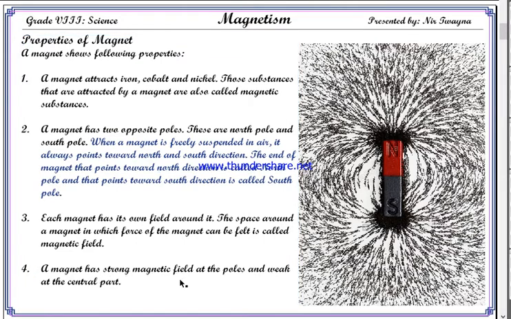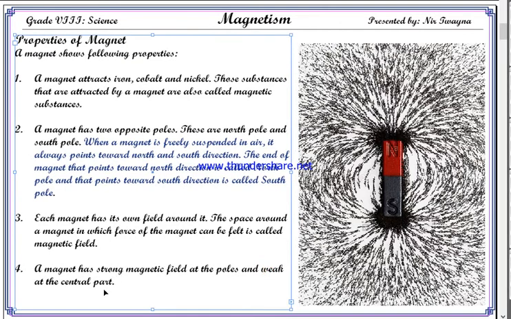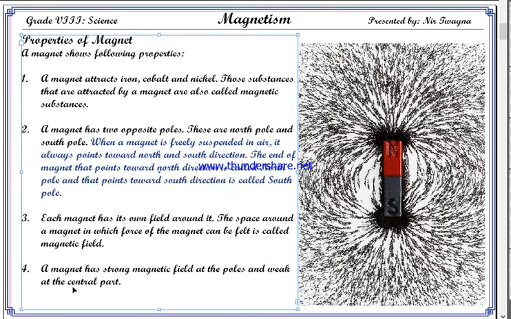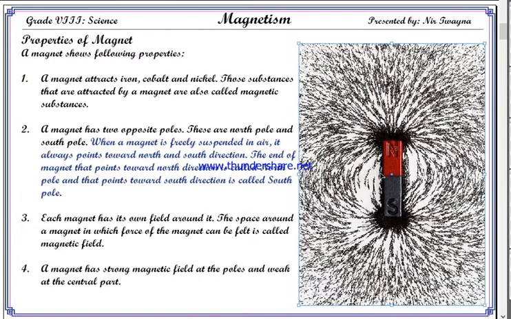A magnet has a strong magnetic field at the poles and weak at the central part. Here you can see when iron filings are sprinkled around the magnet, most of the iron filings are attracted toward the poles of the magnet, whereas in the central part, you can see very few iron filings are attracted.